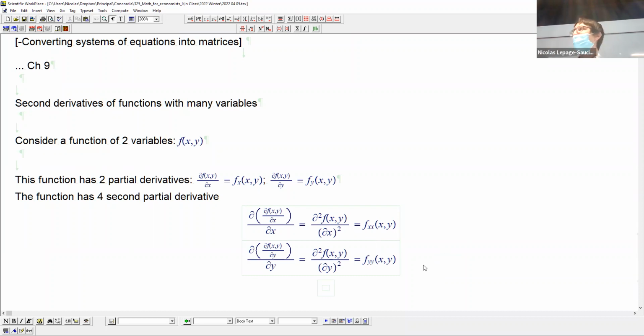But what I could also do is mix things up a bit. So essentially what I could look at is how would the first derivative in x change if I change y. Essentially, that's what I'm asking. So how would I do it? Well, it's the same way. I would just derive first with respect to x.